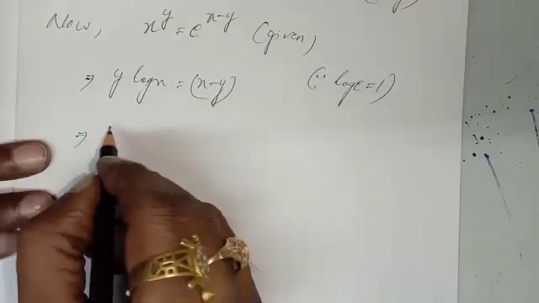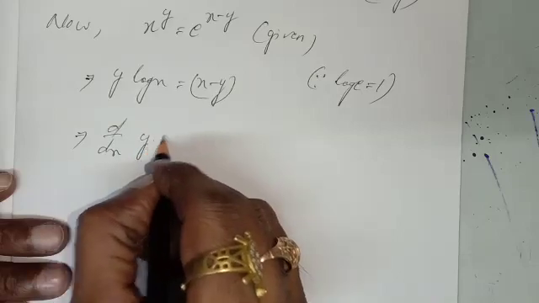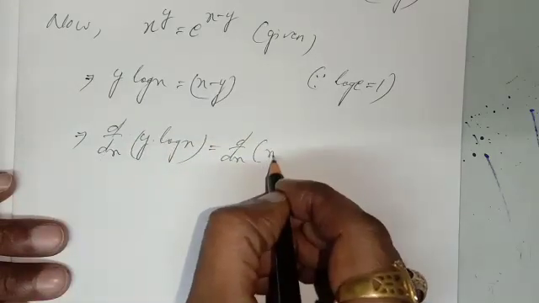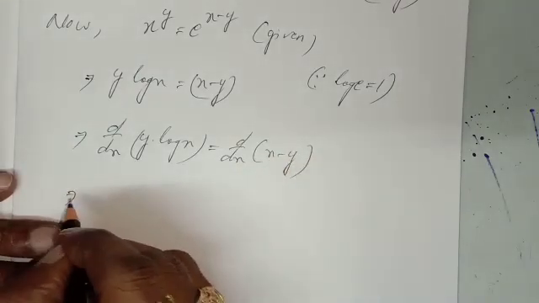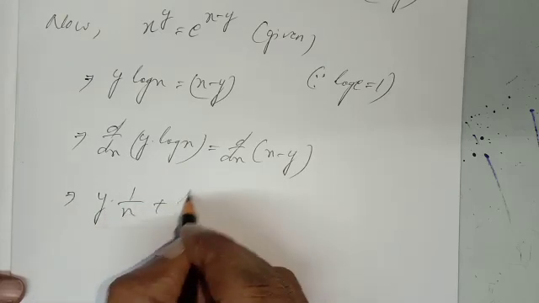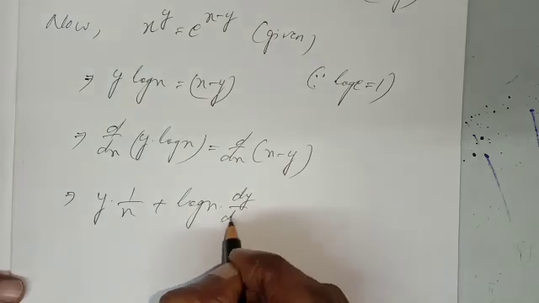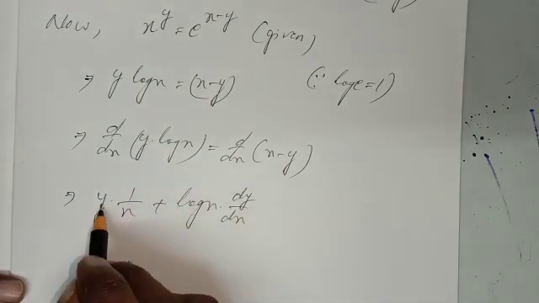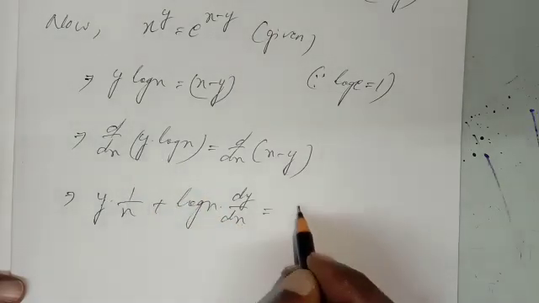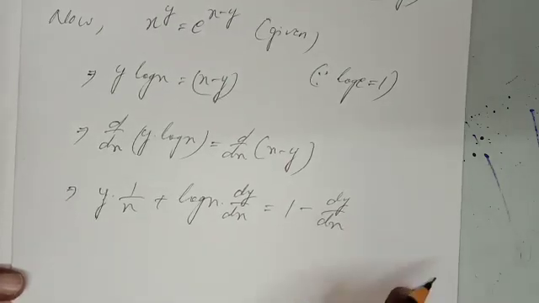Differentiating both sides with respect to x, that means d by dx of y log x and d by dx of (x minus y). So take y into the derivative of log x, that is 1 by x, plus log x into the derivative of y, that is dy by dx, which is equal to the derivative of x, 1, minus the derivative of y, dy by dx.